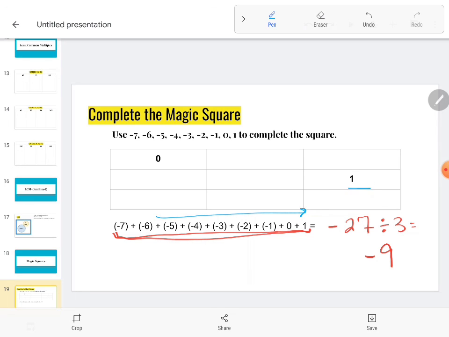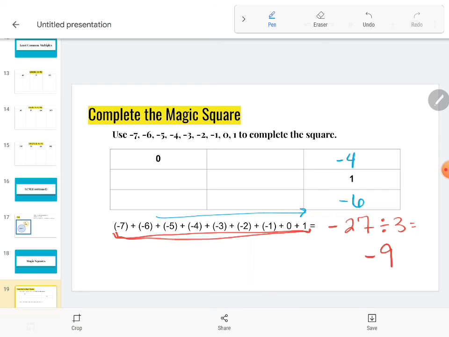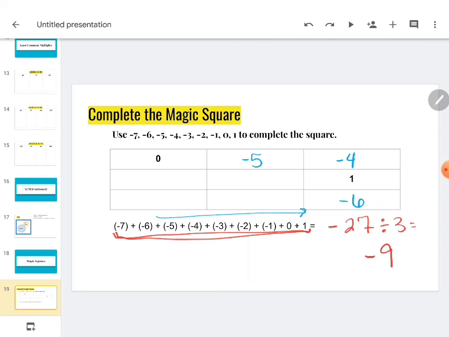We have our 1 right here. We can do -4, which -4 plus 1 will be -3. So -6 should equal -9. Next, we'll do -5 right here. And -4 plus -5 plus 0 should be -9.